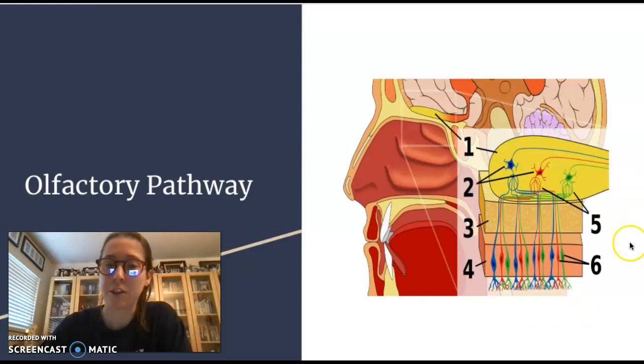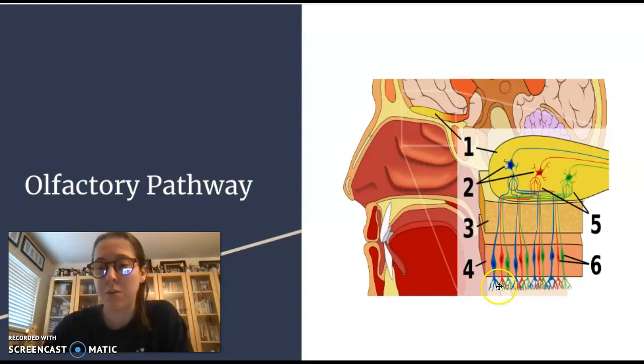So we can take a closer look here. This is a zoomed in picture of the pathway and how our neurons are moving through it. This bottom layer labeled number 4 is the olfactory epithelium, and these here are our primary sensory neurons.